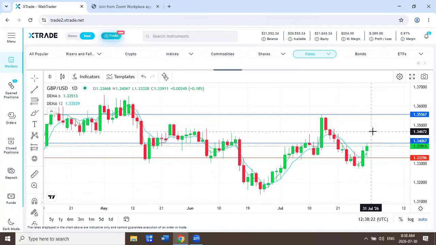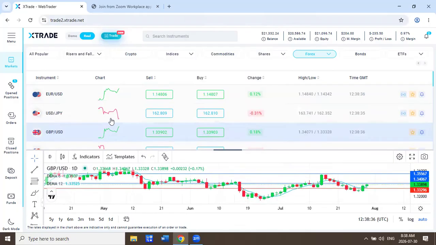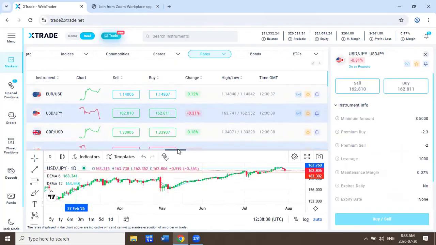Or if we get a turnaround from weak to strong US dollar and sellers push down from this resistance area and look back down at the 133.29.